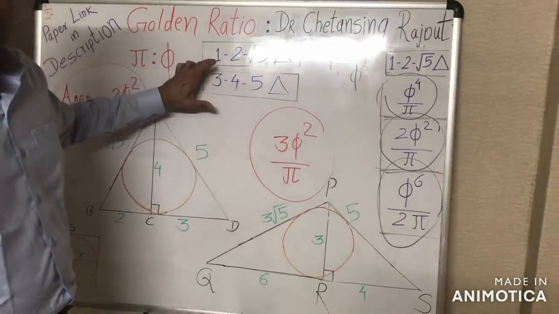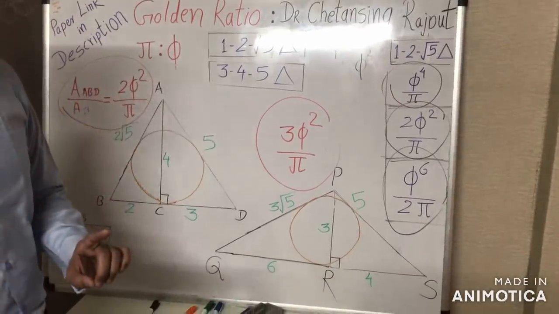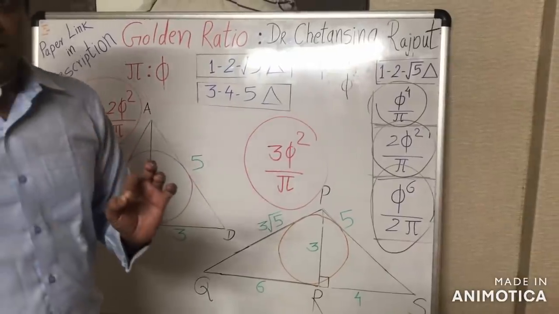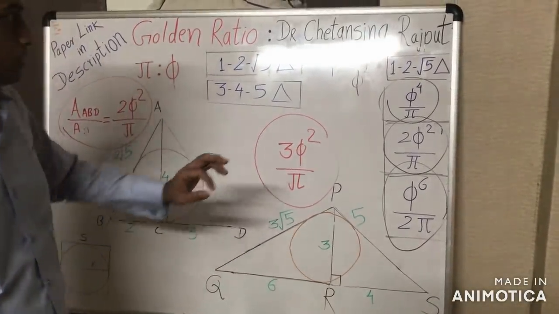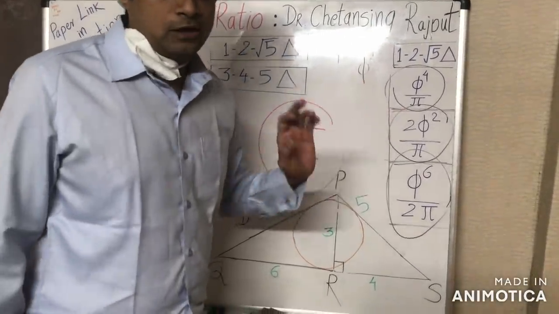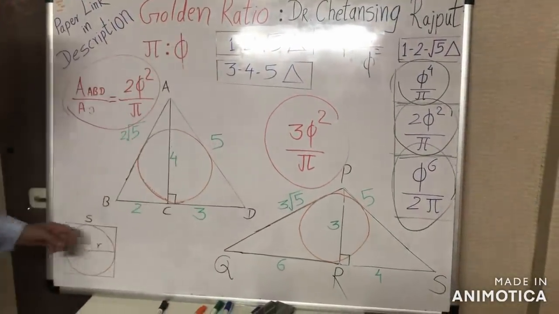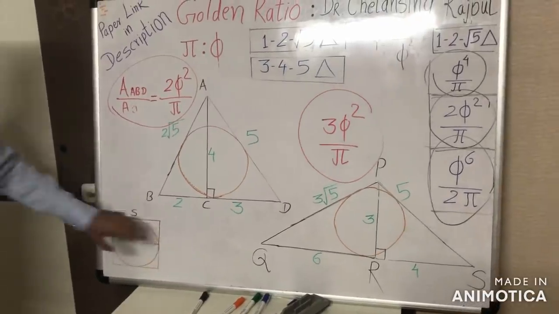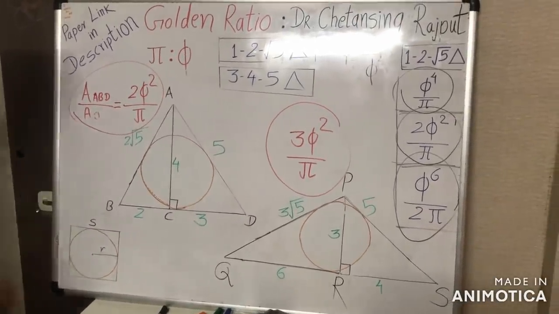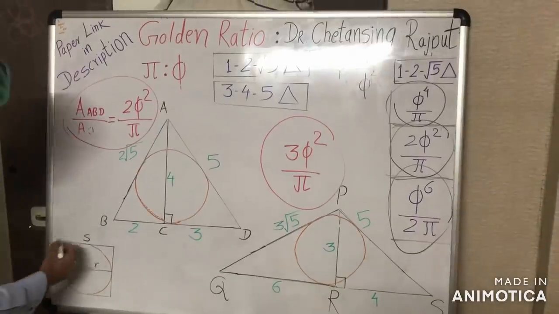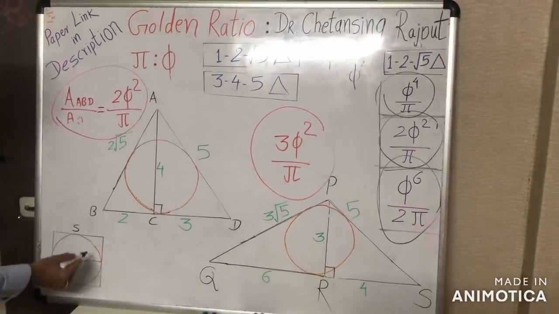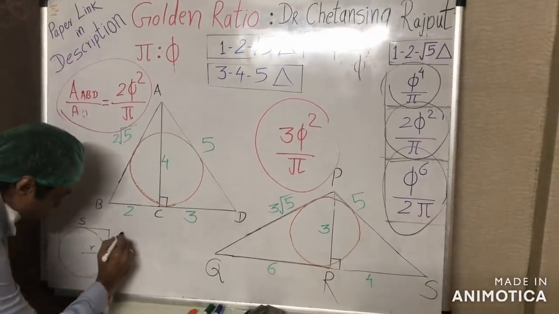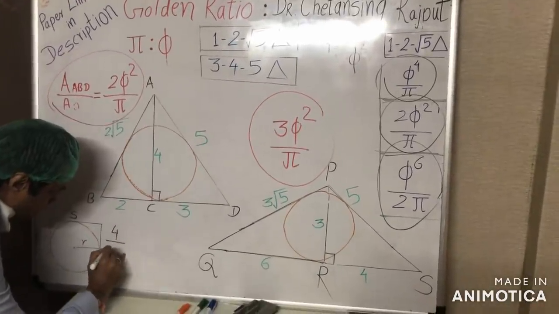Okay, I would like to mention, no other geometric figure can give us such precise pi-phi correlation. For example, see the square here, a typical square and an incircle inscribed in that square. In this case, the ratio between the area of this square and the area of its incircle is 4 upon pi.